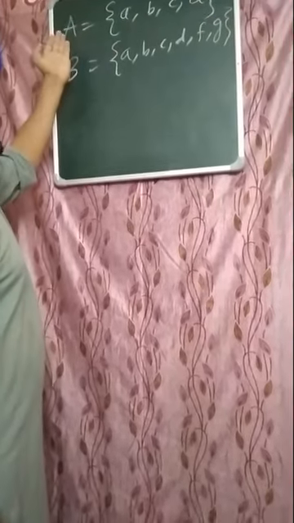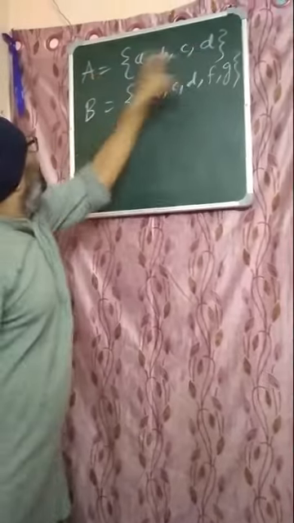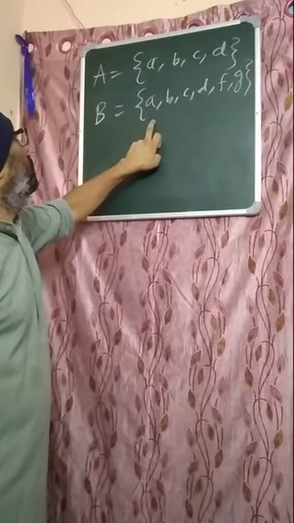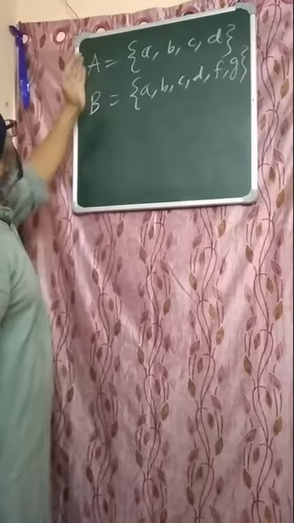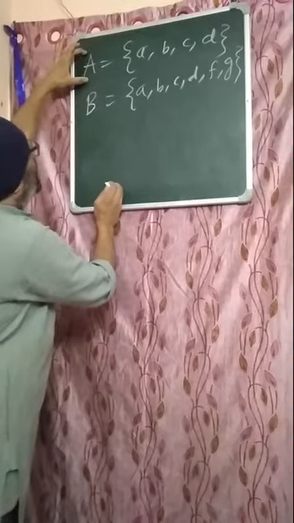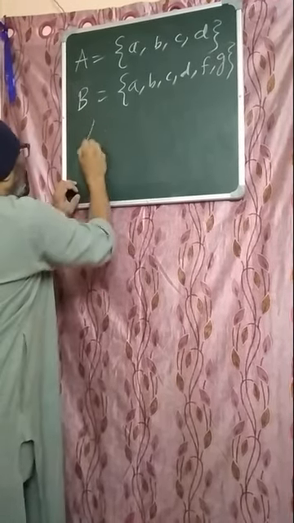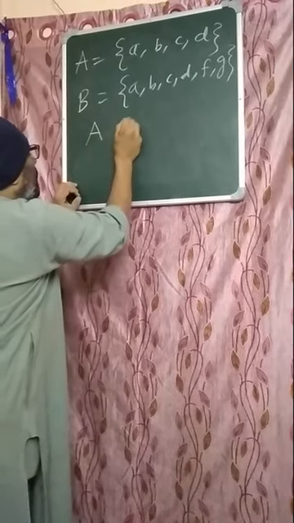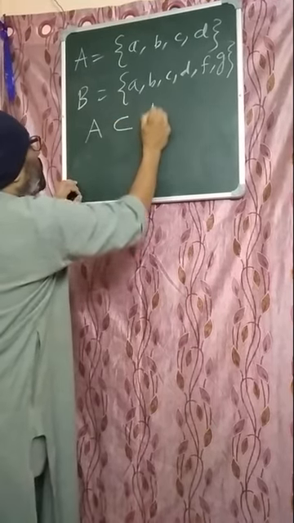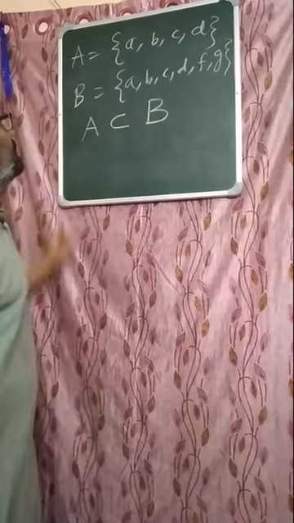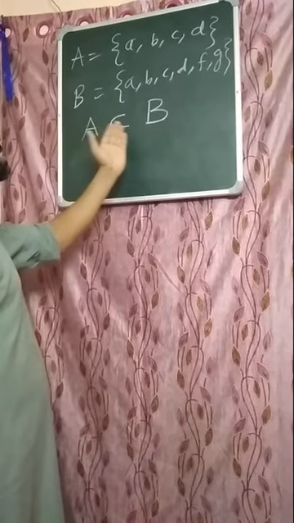Then it is clear that all the elements of set A are contained in the set B also. In this case, we say that set A is a subset of set B. So in symbolic form we write A ⊆ B. When do we write this statement?